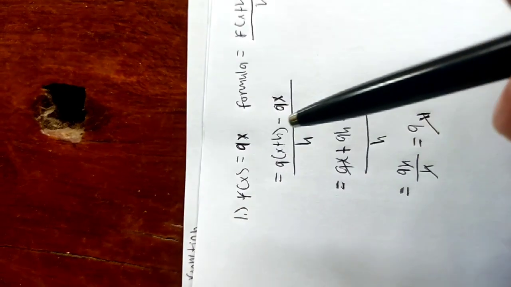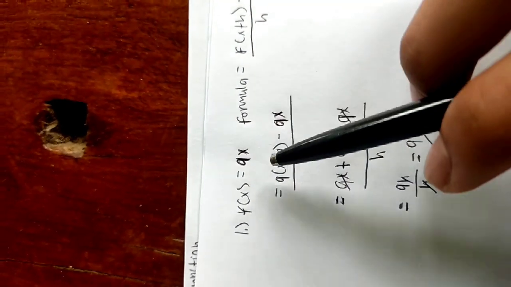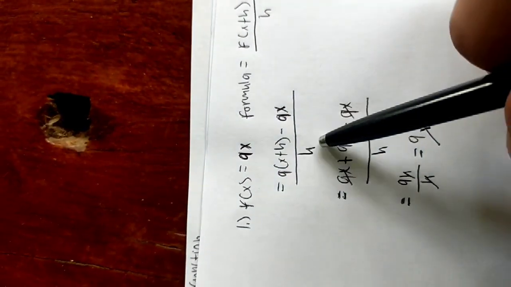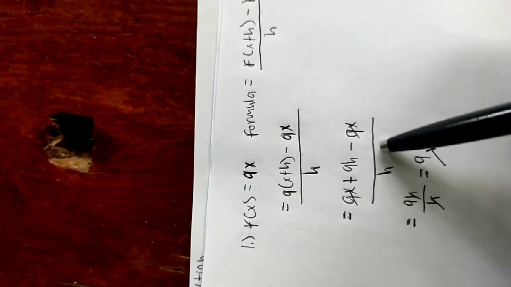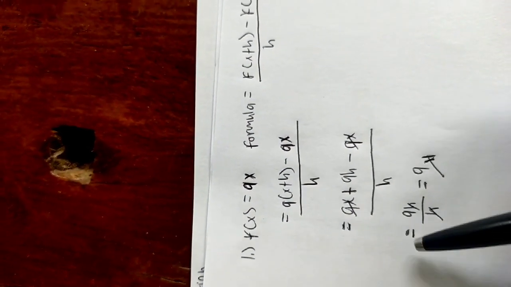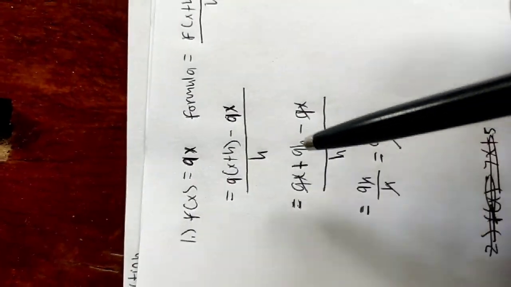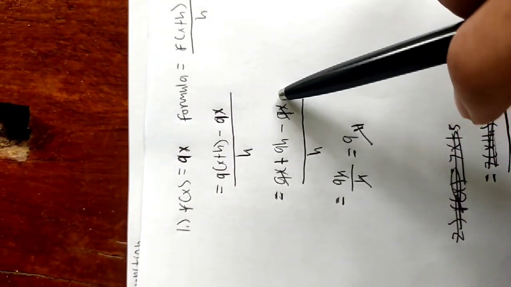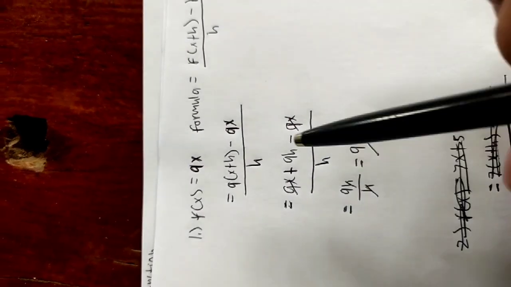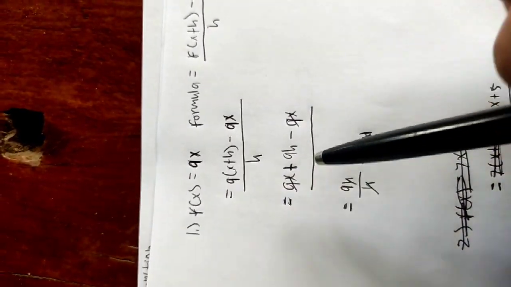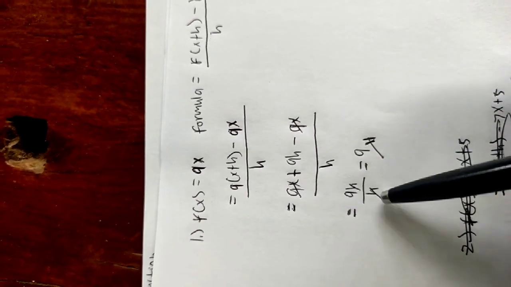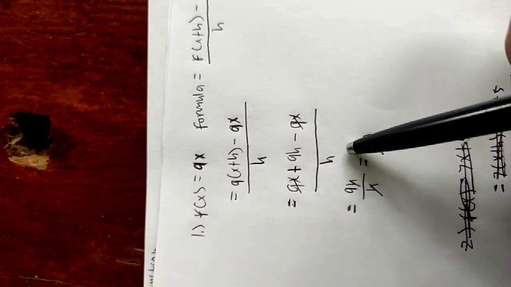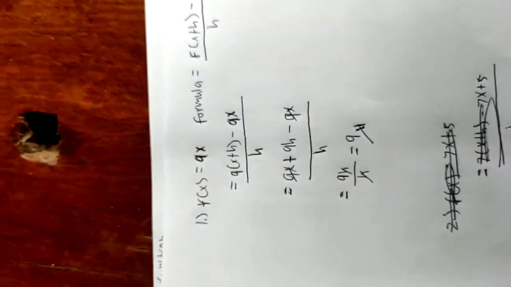So 9 times x is 9x, plus 9 times h is 9h, and minus the function, which is 9x, all over still h. As you can see, we can simplify it here. We have two 9x's, you can cross them out. So the only ones remaining would be 9h and h. So 9h over h. We can also cancel the h because they are equal to 1. That would be equal to 9.